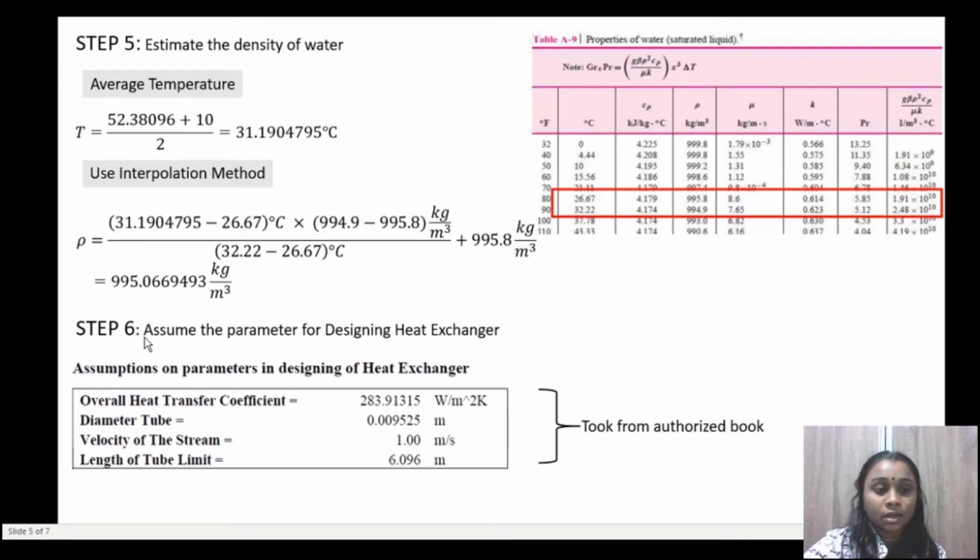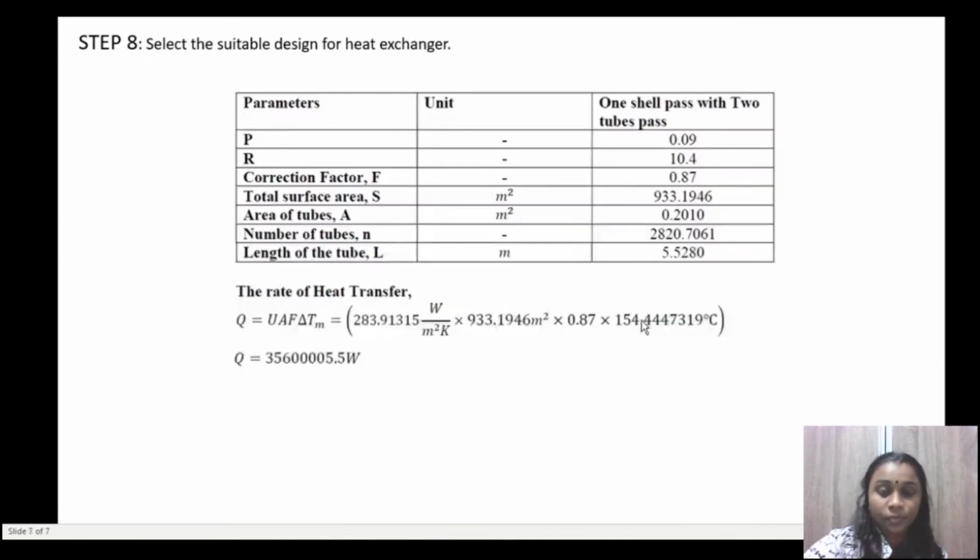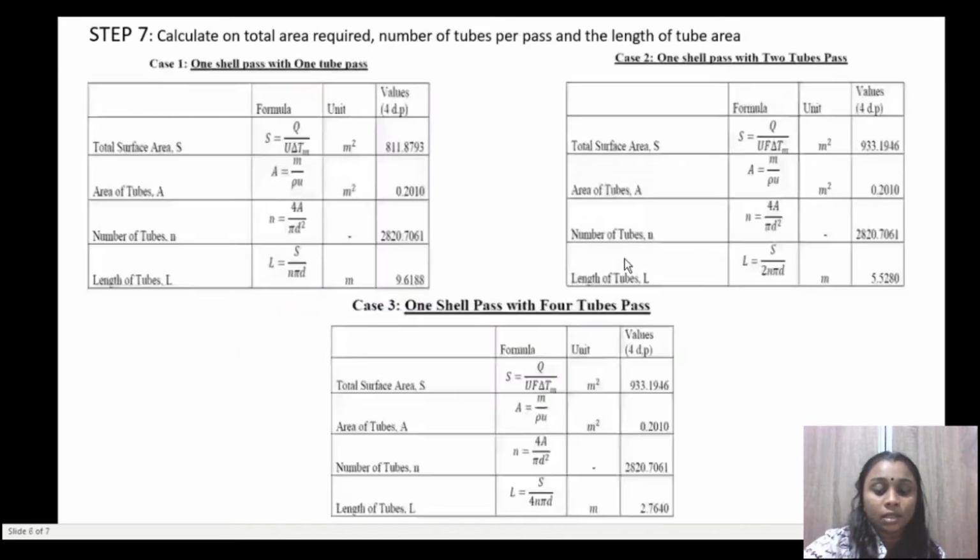Step 6, we make the assumptions on the parameters of the heat exchanger design. Step 7, we do the calculation based on the cases. Case 1 is for 1 shell pass with 1 tube pass. Case 2 is for 1 shell pass with 2 tube passes, and case 3 is for 1 shell pass with 4 tube passes. In order to get the suitable heat exchanger, we compare the 3 cases.